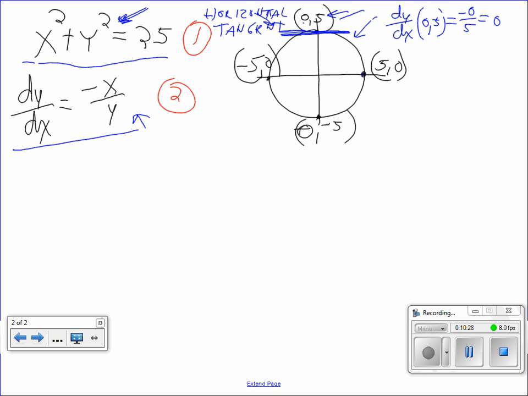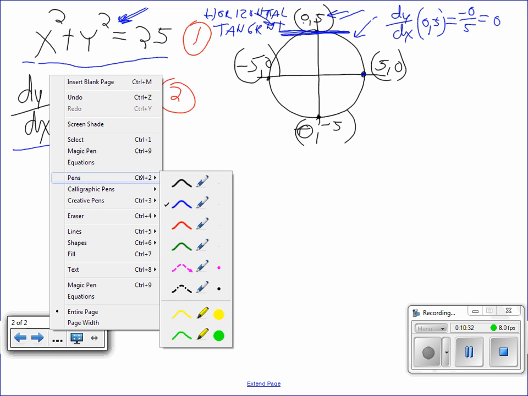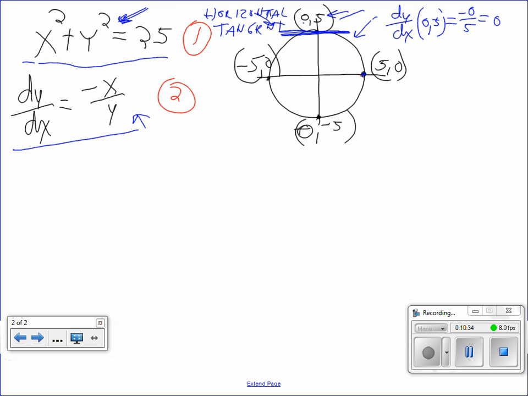Let's try another point here. Maybe we'll mix it up and go to red. How about 5, 0? Well, in this case, dy dx at 5, 0 is minus 5 over 0.